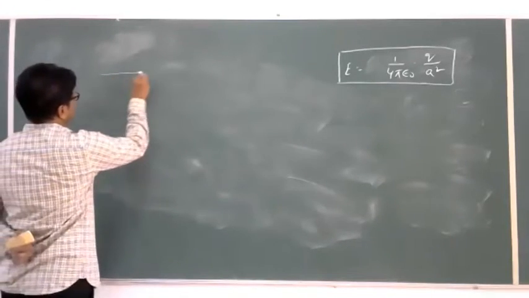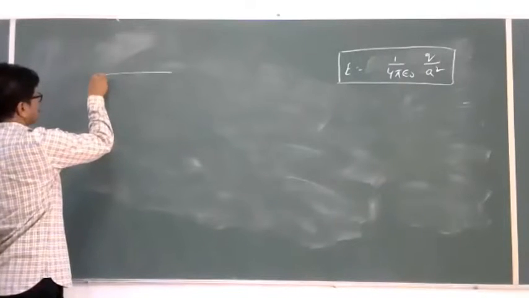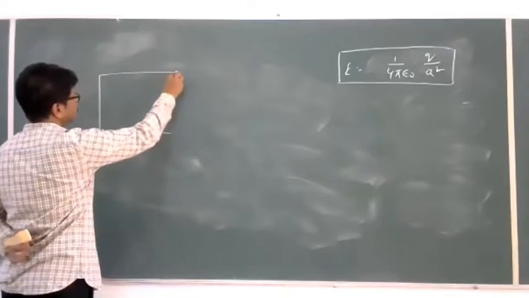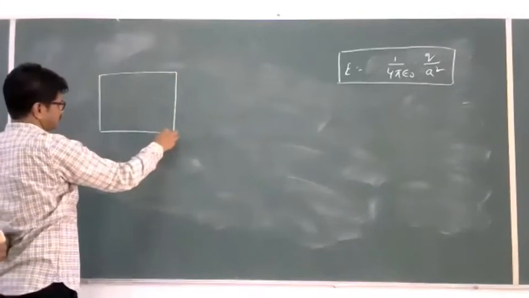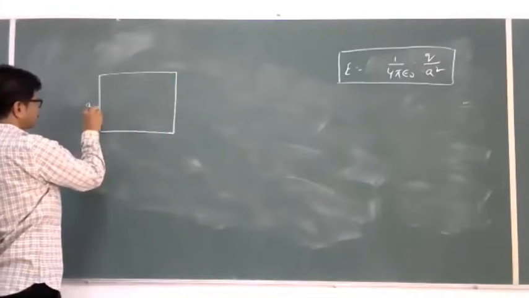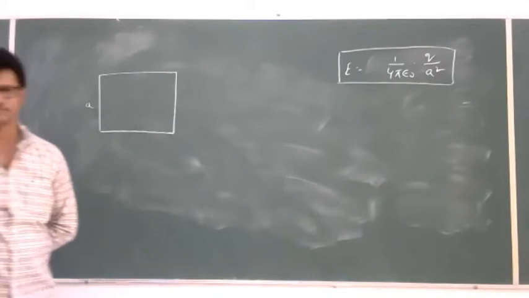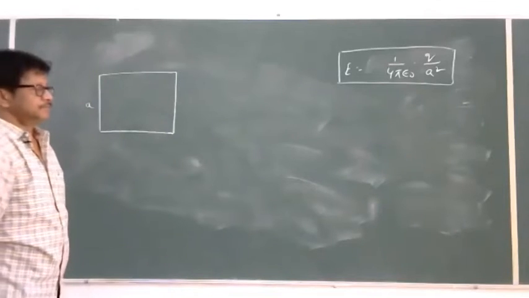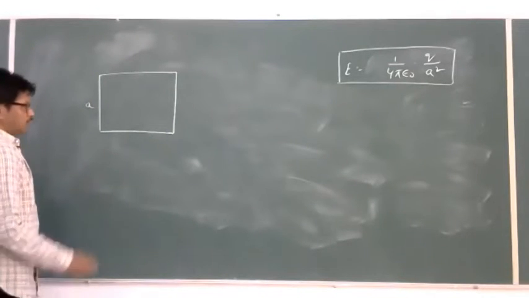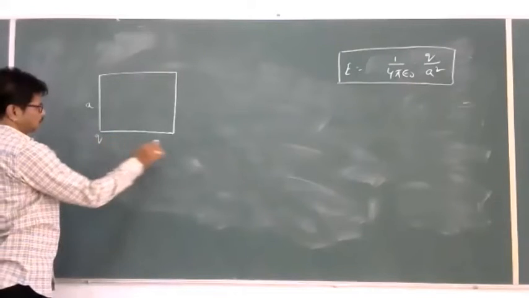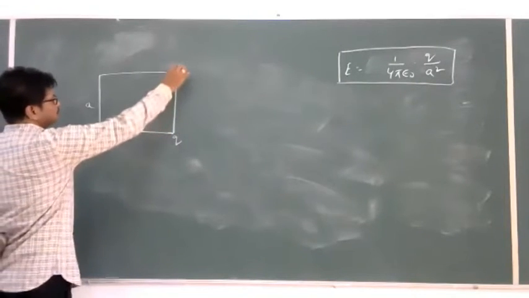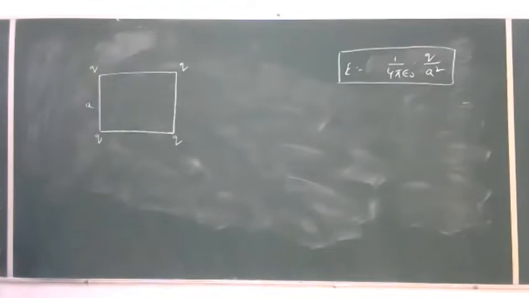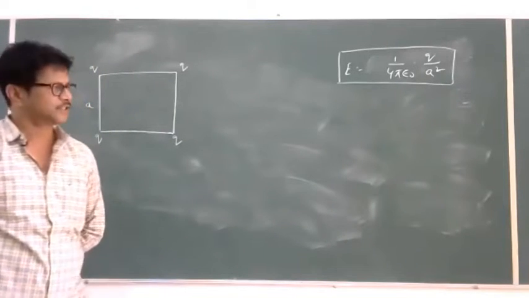Now I am drawing a square of side A. Four charges Q, Q, Q, Q are placed at the four vertices of the square.